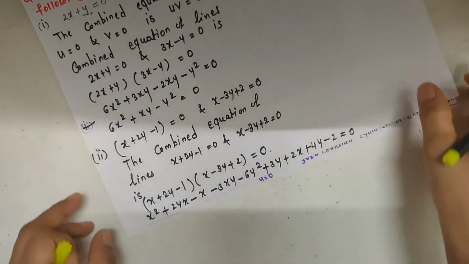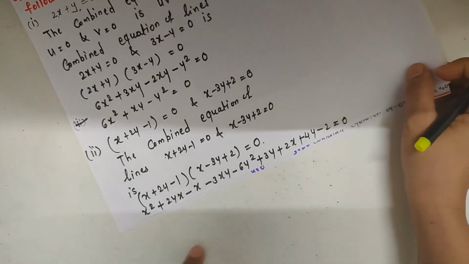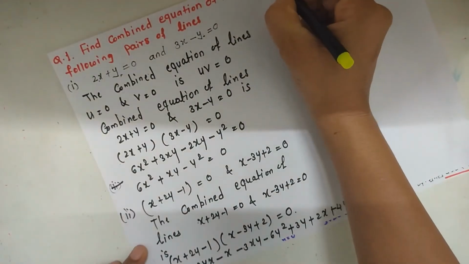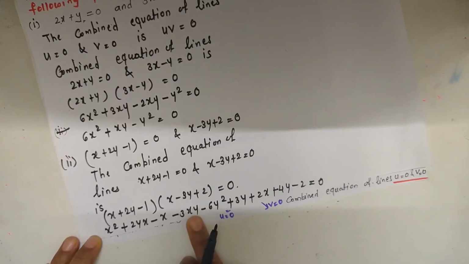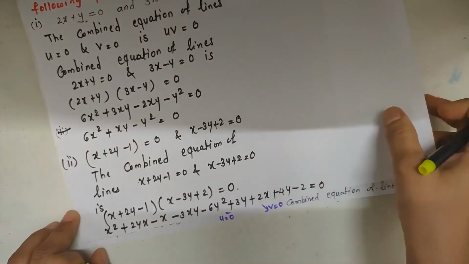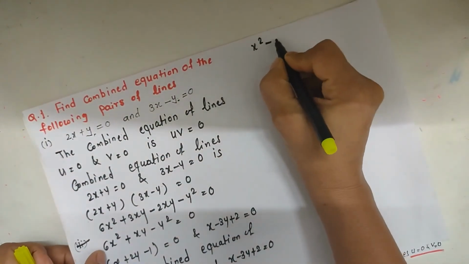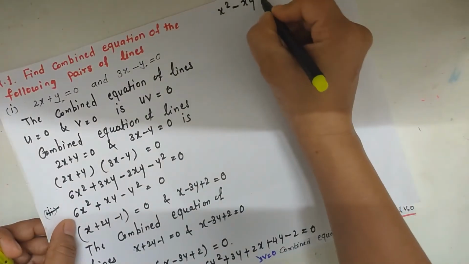By calculating this, x square is a single term, so x square. Taking the coefficient of same variables, 2xy minus 3xy minus xy, and minus 6y square is a single term.